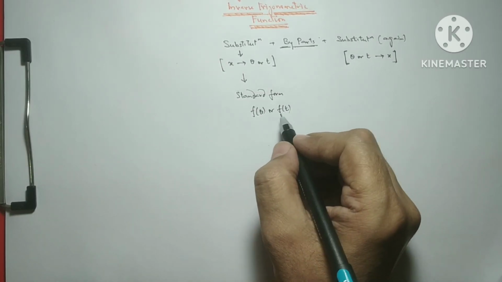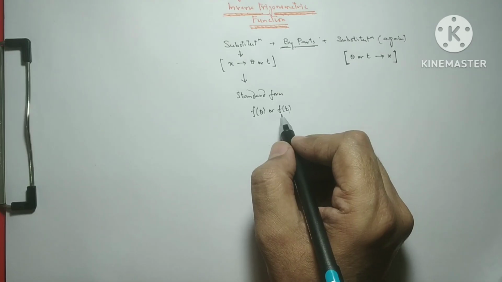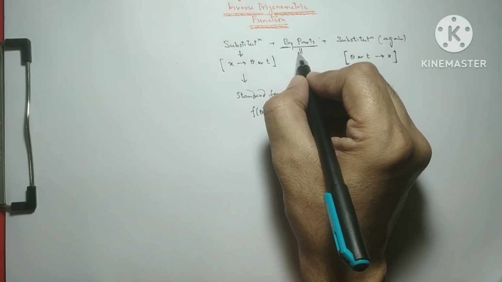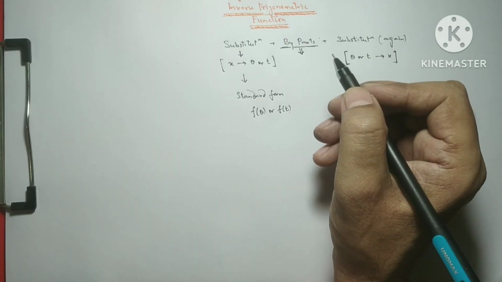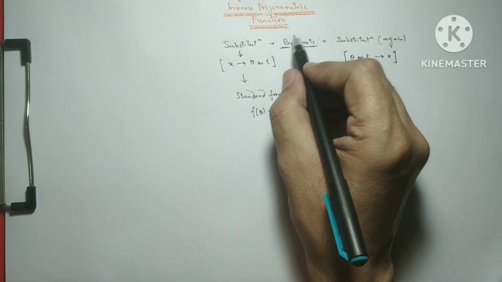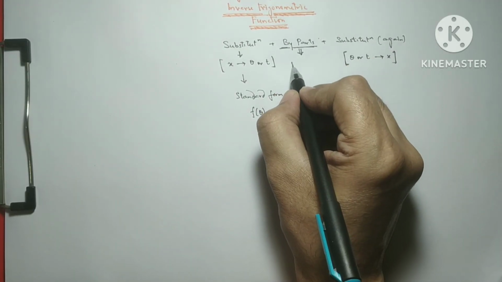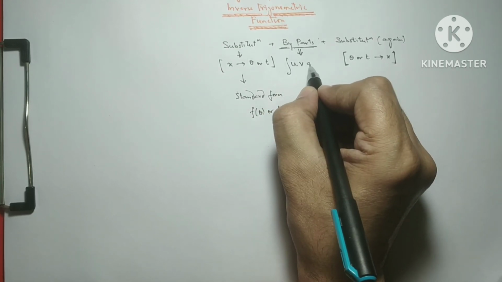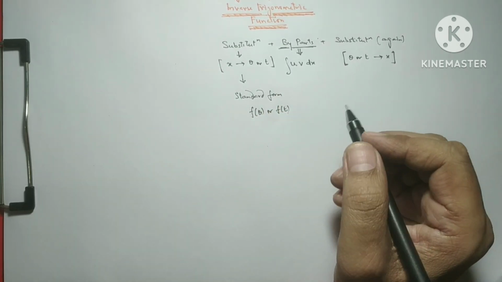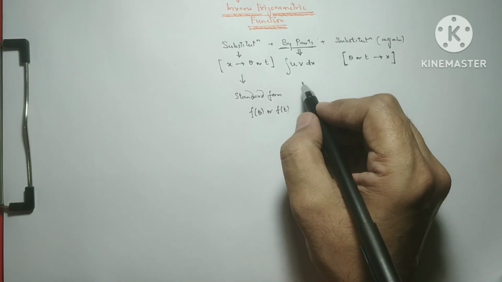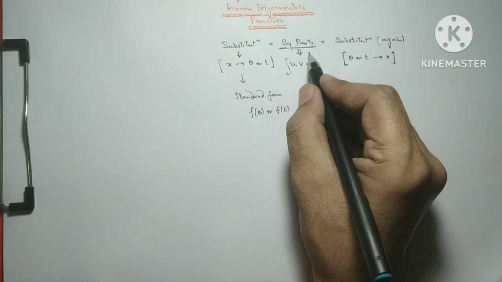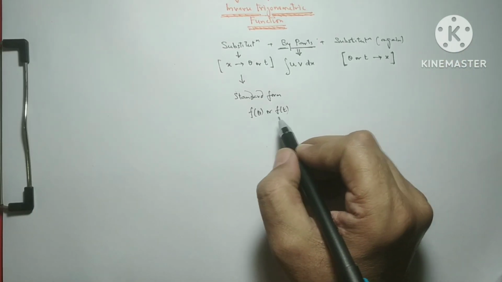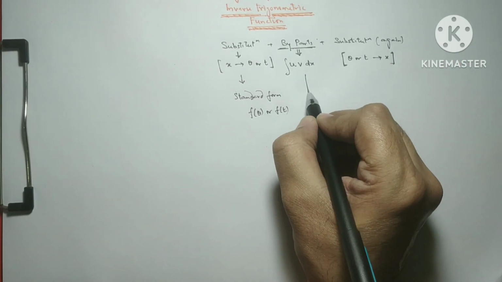Right, now we have the product of two functions, and as we know, for the multiplication we have two functions in multiplication, then we will use by parts method or you can say UV method. So after this integration we get a result in terms of theta.